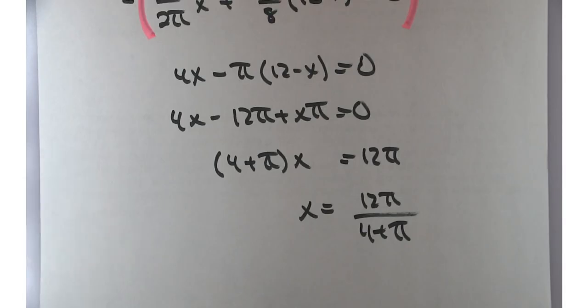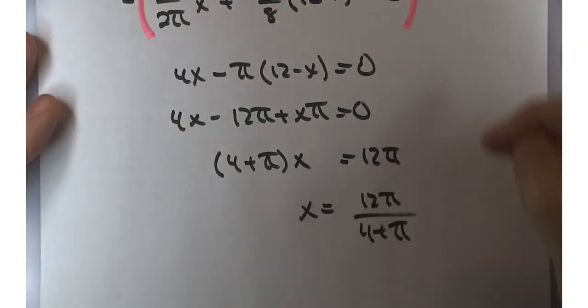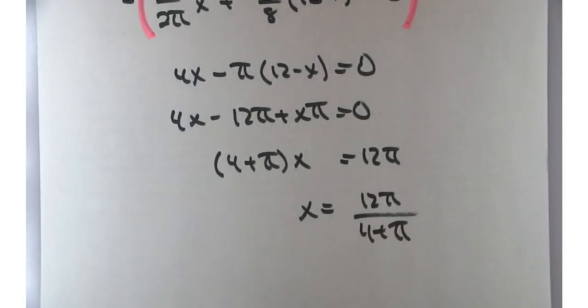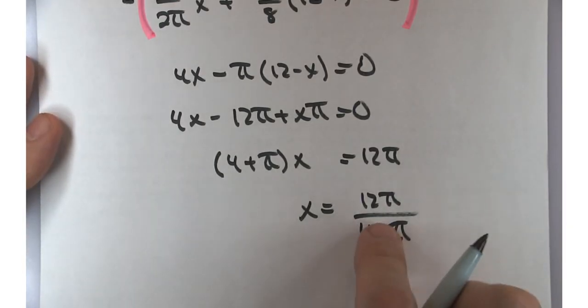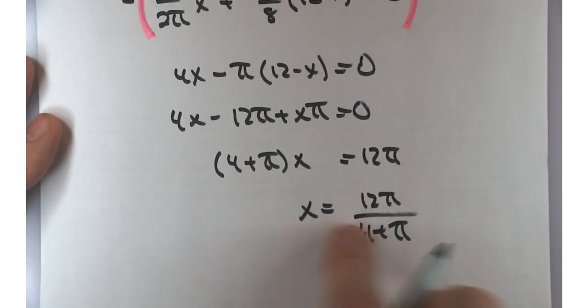Okay. Now this is just a critical point. I don't know if it's a minimum or a maximum or what, but we only get one critical point. If we think back to our work with maximizing and minimizing functions on an interval, then you've got to test a critical point and what else?